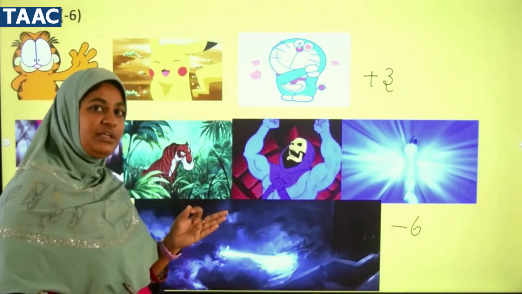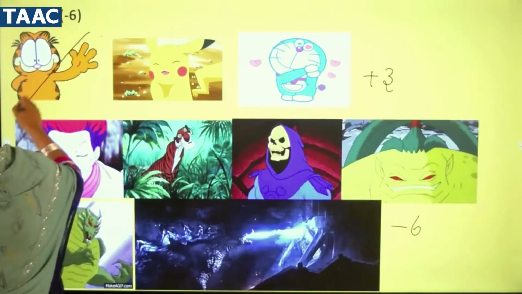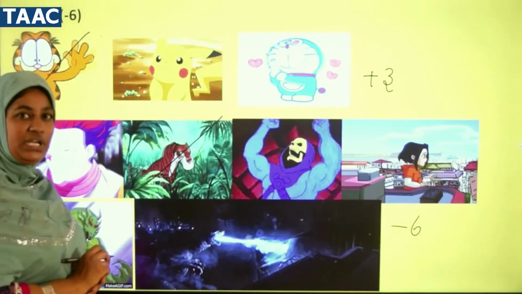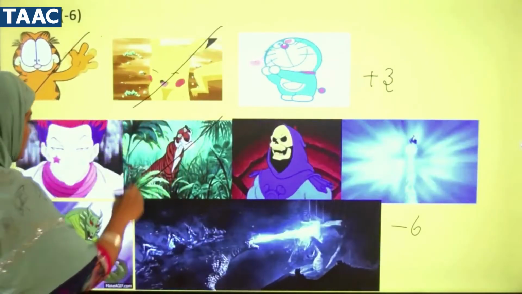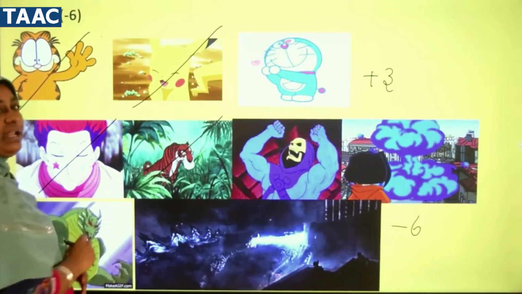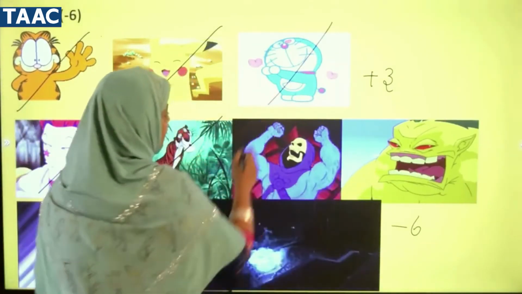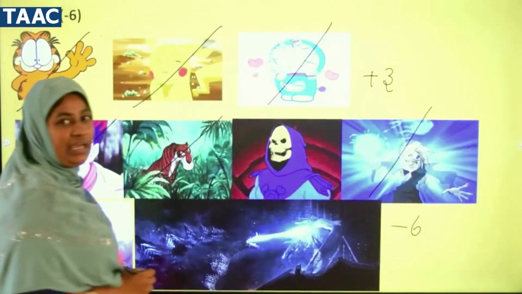Now coming to the third rule of the game. One character goes to fight with another character of the villain. Now one positive character goes to fight with one negative character, and again one positive character goes to fight with one negative character.